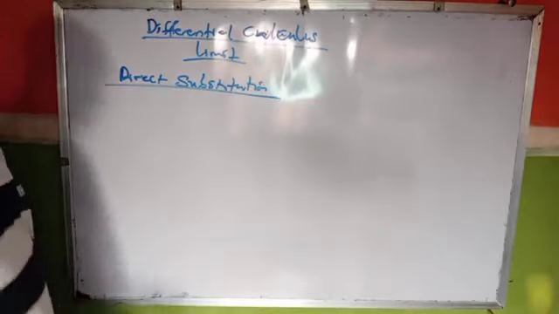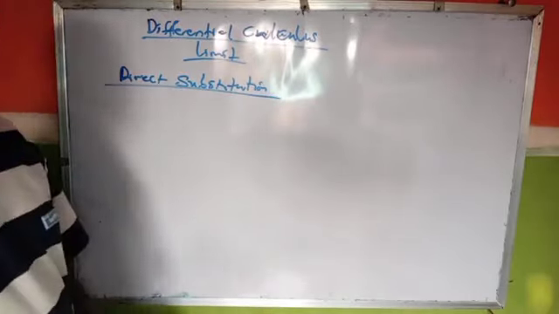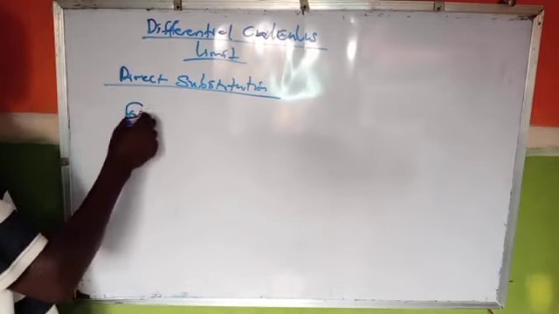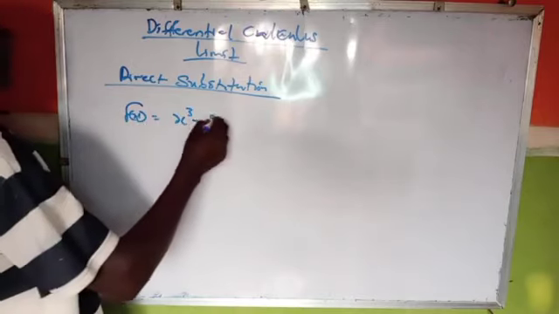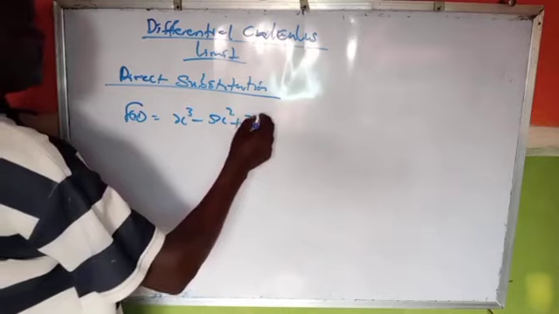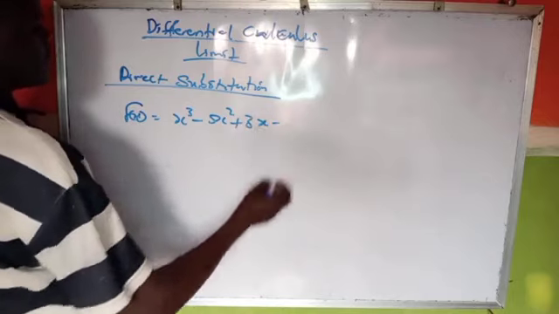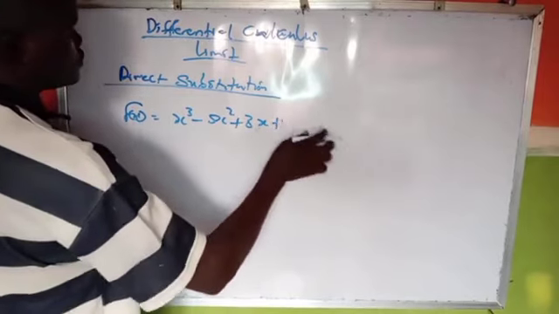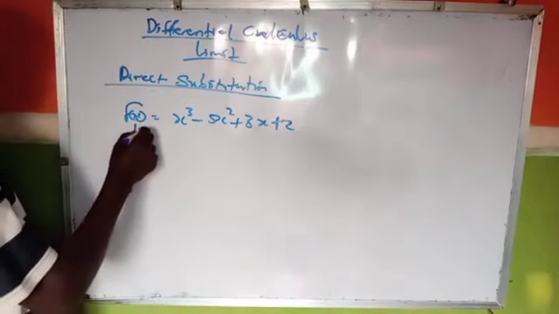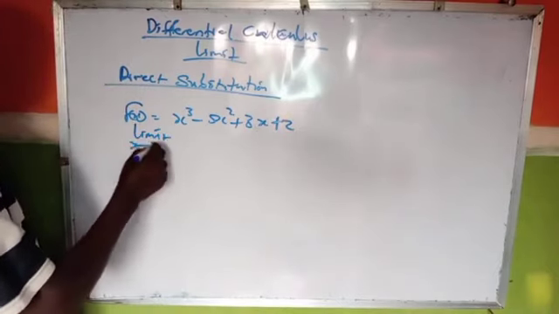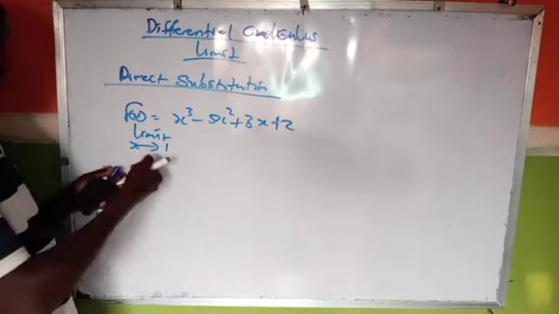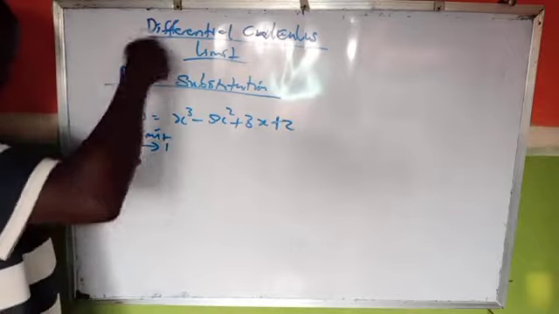Direct substitution. Take for instance, you have an expression, let's say the function of x, which is x raised to power 3 minus 5x squared plus 3x plus 2. Then the limit is when x tends to what? Let's say x tends to 1. So you want to know the value of this expression as x tends to 1.